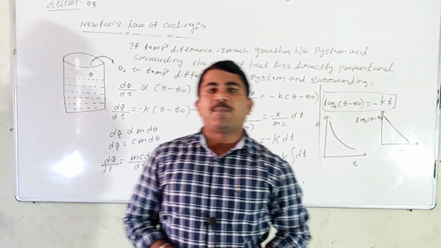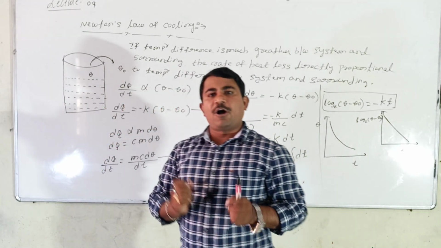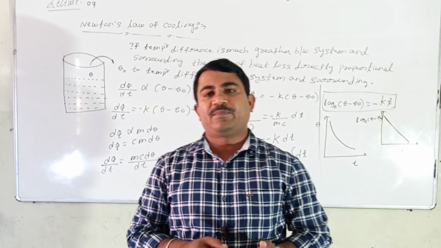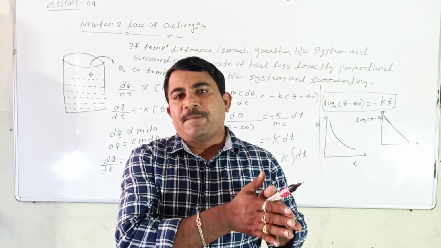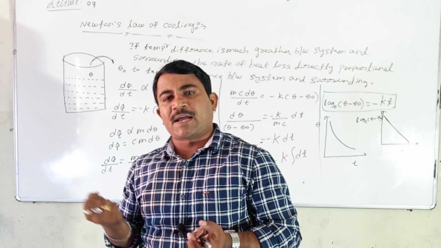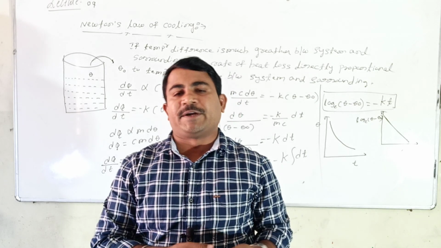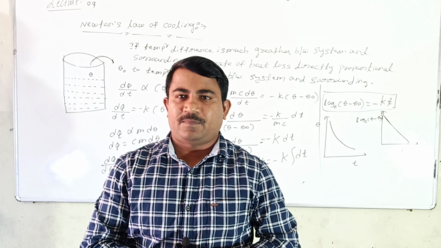How can Newton's law of cooling be obtained? Let us take the hot liquid placed in the calorimeter and place a thermometer. Now let the temperature of the hot liquid be 70 degrees, and the hot liquid fills 3/4 of the calorimeter. After some time the liquid starts to cool.